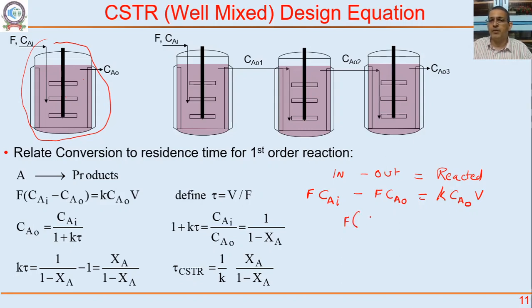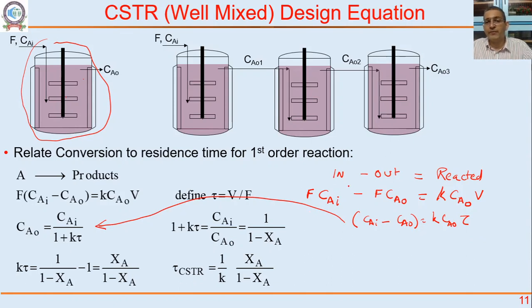I can take out common, CAI minus CAO is kCA naught into V, and then this F I can bring on the other side, and this we write as tau, and this is what you are going to get from here.